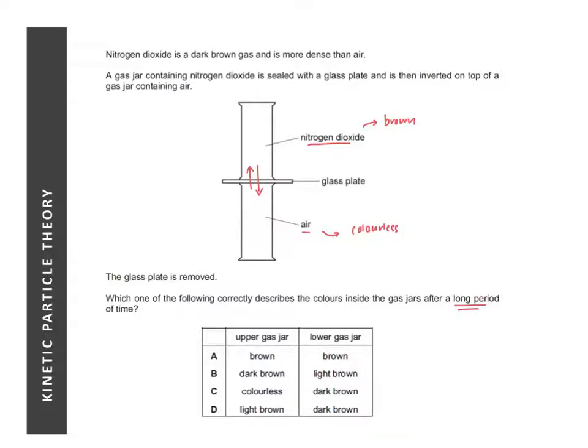The concept to recall here is that if we allow diffusion to occur for a long period of time, we will always end up with a uniform mixture, meaning we have equal amounts of nitrogen dioxide everywhere and equal amounts of air everywhere. So the observation that we should make is A.